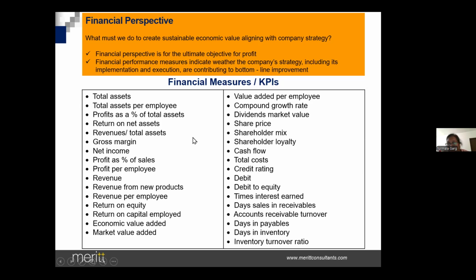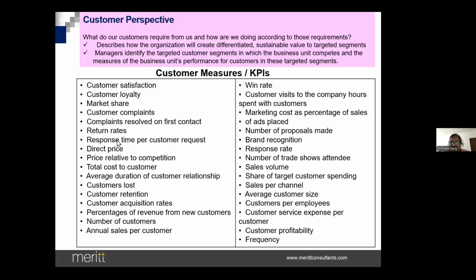So for every perspective, financial, customer, let us see customer measures. Say, for example, customer satisfaction. Is it a lag indicator? Lag indicator. Yeah. So what you will do to increase customer satisfaction, all those action items will be your lead indicators. Okay.